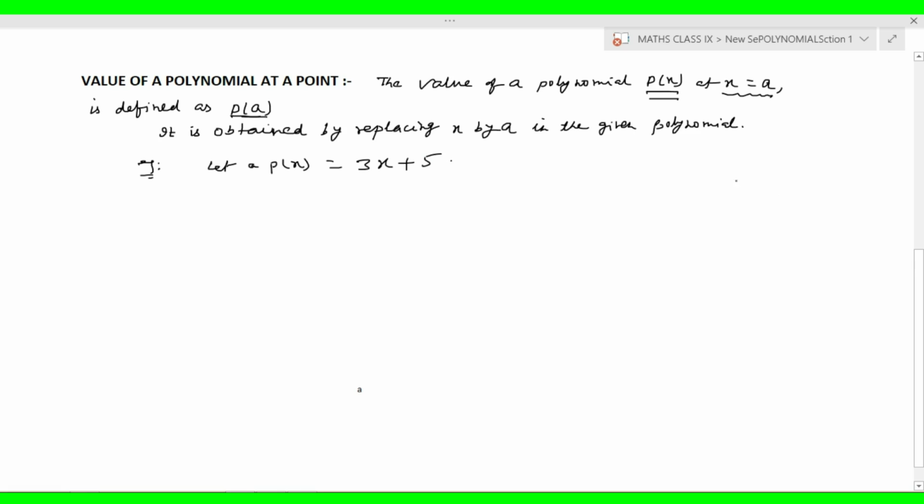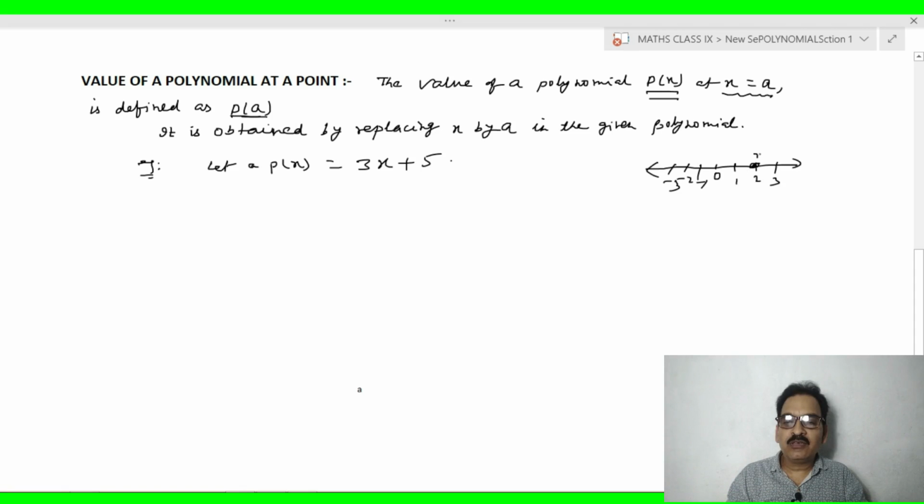Let's think of a number line: 0, 1, 2, 3, and on the left side -1, -2, -3. At any point, if you want to find the value, suppose we want the value of this polynomial at the point 2, so the value of x will be 2. So we replace x by 2, and we'll get the value of the polynomial at the point 2.